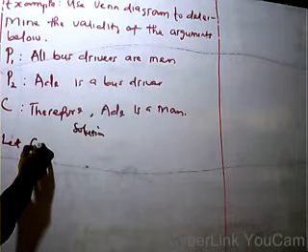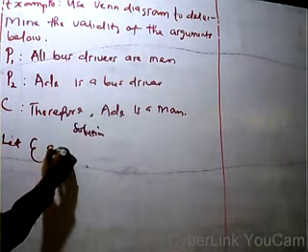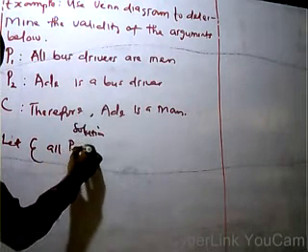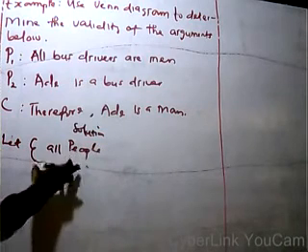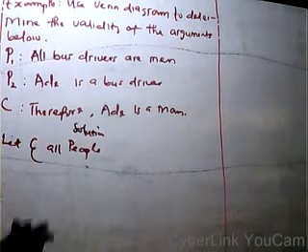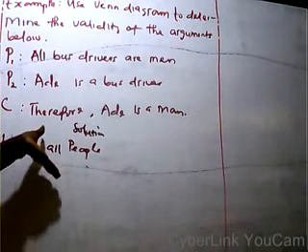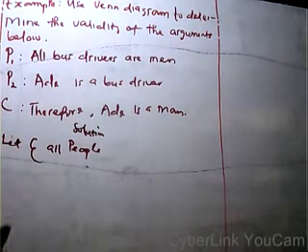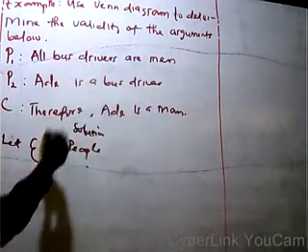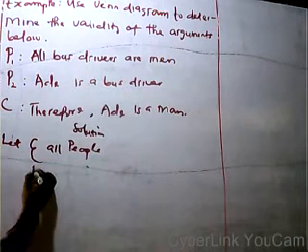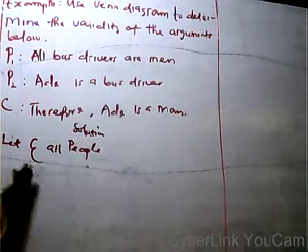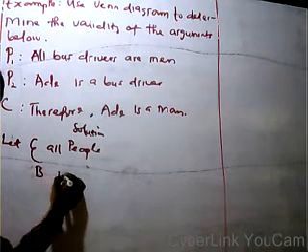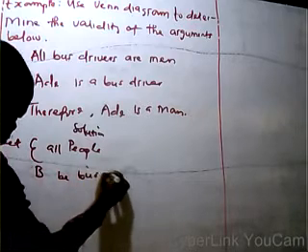We assume this one as a universal set, all the people in general. Then let B be bus driver.